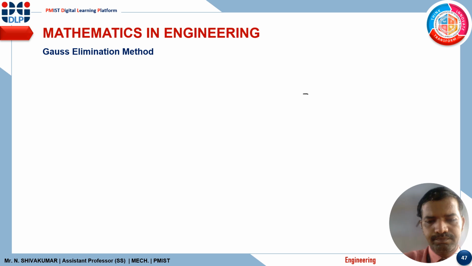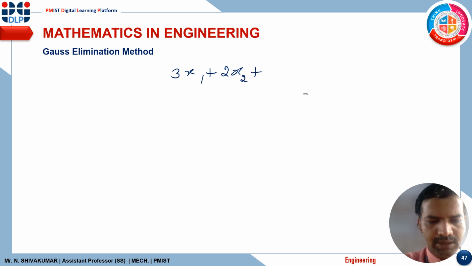Now we have to subtract the modified equation 1 from equation 2. Okay, what is the modified equation? So what is equation 2? 3x1 plus 2x2 plus 4x3 equal to 32.